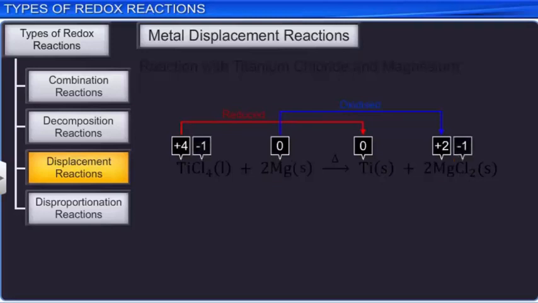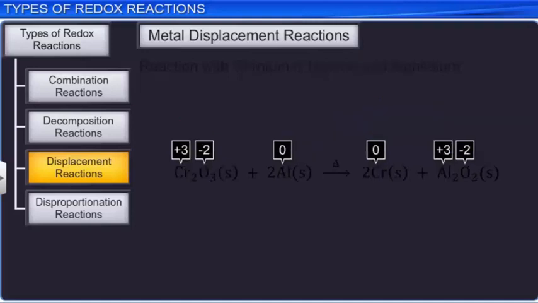Thus, this reaction is also a redox displacement reaction. Similarly, in this reaction between chromium trioxide and aluminium, aluminium replaces chromium to form aluminium oxide.